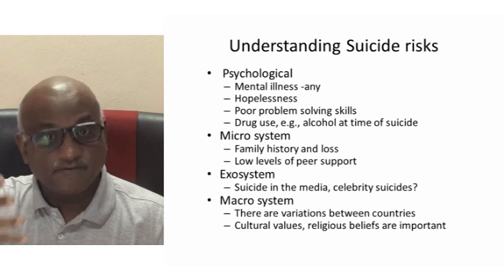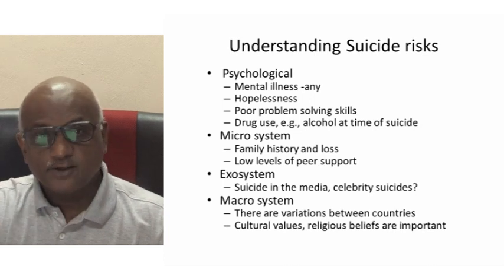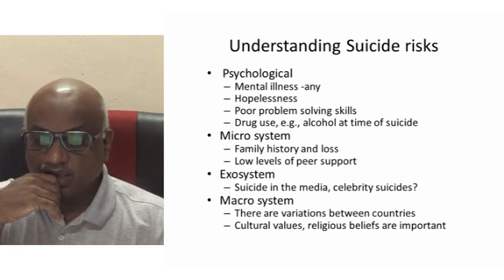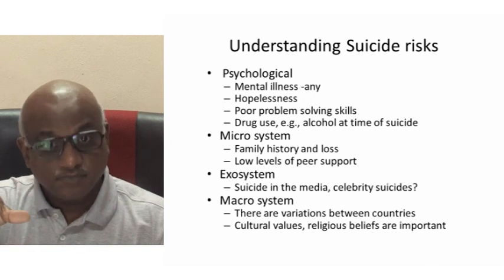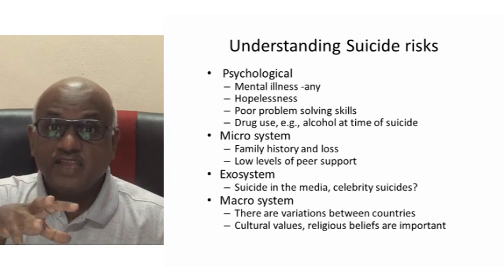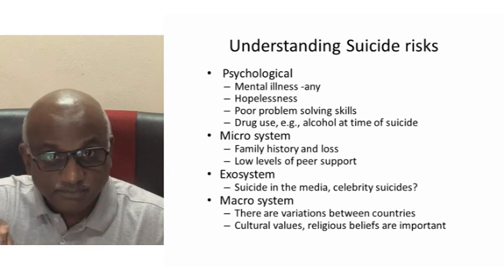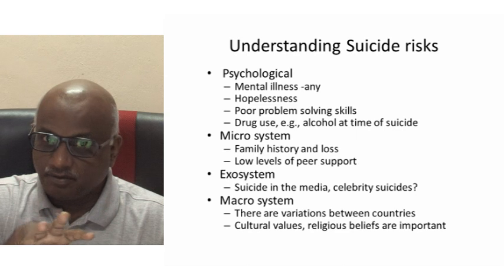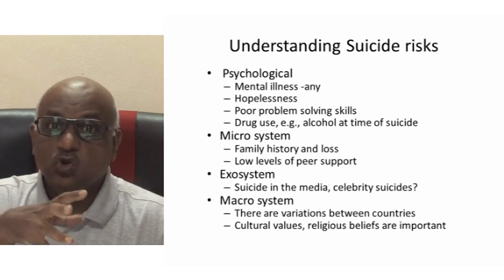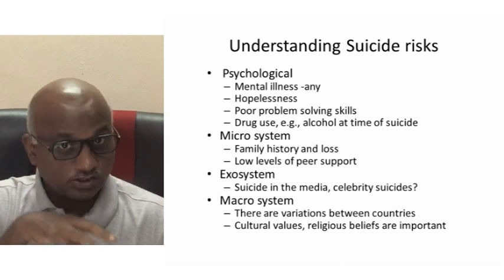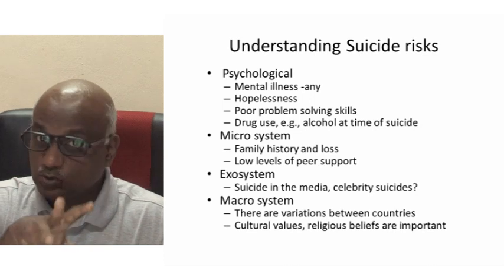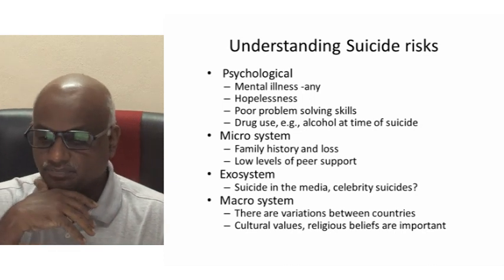And also loss of a family member can lead to an increased suicide rate. And also low levels of peer support. If we are alone, we don't have very good friends, we don't have a good support system, then when we have a problem, we don't have resources, we don't have support to fall back on. And then again, the suicide rates can be quite high.